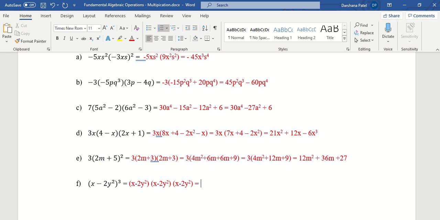One of them we will keep the same, and the second two brackets we can simplify further, multiply them together, we get x square minus 2xy square, another minus 2xy square, and then lastly we get plus 4y to the power of 4.